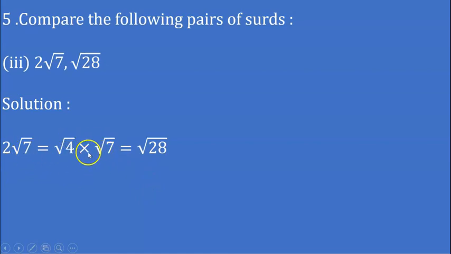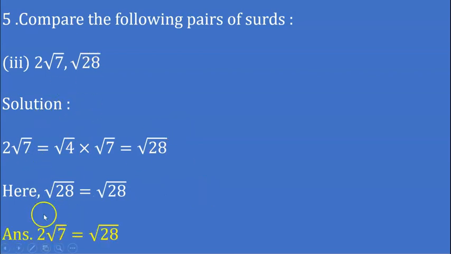Again, root 4 into root 7 means root of 4 into 7. 4 into 7 means 28, and hence root of 4 into root 7 means root of 28. And here is again root of 28. Both are equal and hence these two surds are equal. That is, 2 root 7 is equal to root of 28.